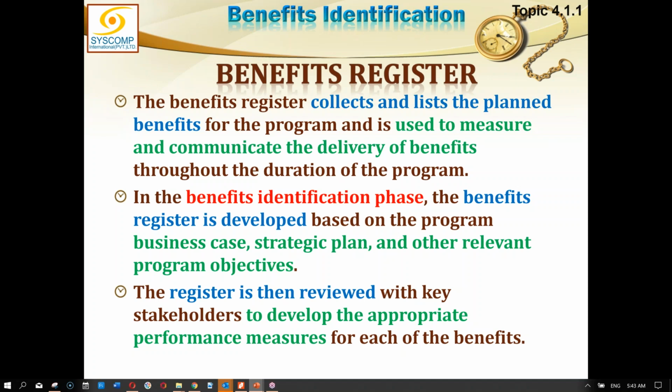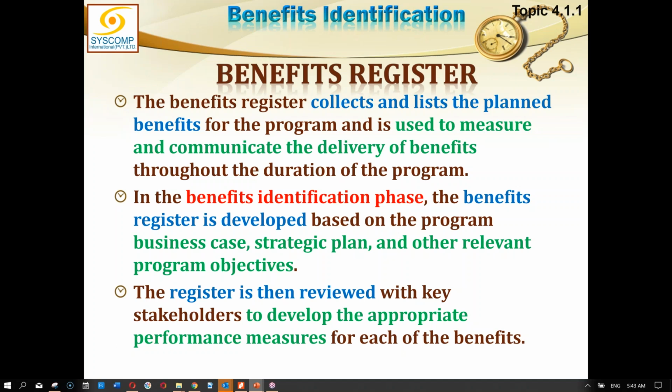The register is then reviewed with key stakeholders to develop the appropriate performance measures for each of the benefits. So when I am deciding the attributes of each benefit recorded in the benefit register, I must be in communication with my stakeholders, and this benefit register should have been created in consortium with the stakeholders, as if they have buy-in on that.